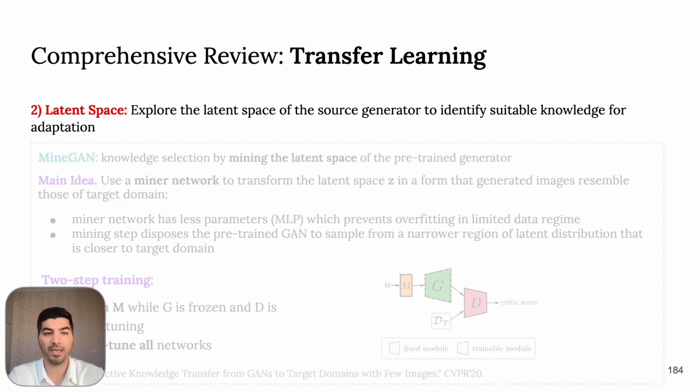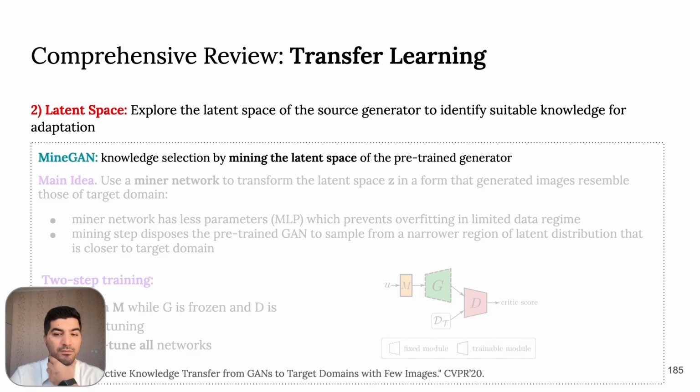The second subcategory of transfer learning approaches are latent space approaches. And these approaches usually explore the latent space of the source generator to identify suitable knowledge. So instead of focusing on the parameters of the generator, they mine the latent space.